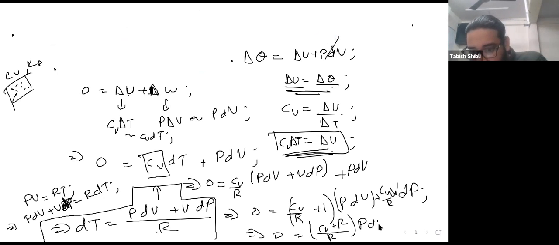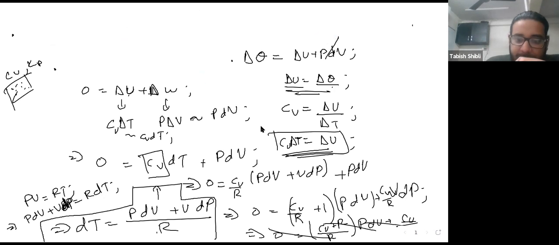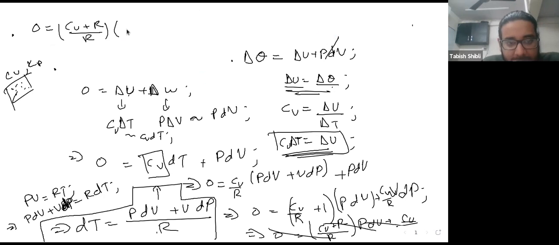Yes, you have P dV here plus Cv by R. I cannot even write it here. Okay, I'm coming back up. 0 is equal to Cv plus R divided by R multiplied by P dV plus Cv by R multiplied by V dP.